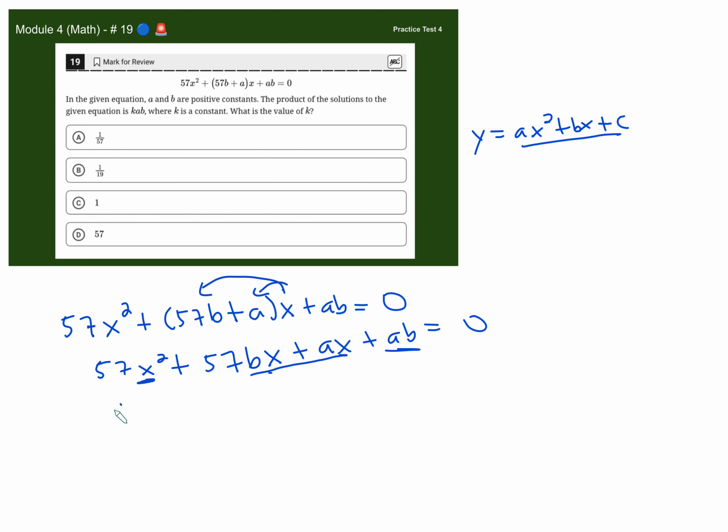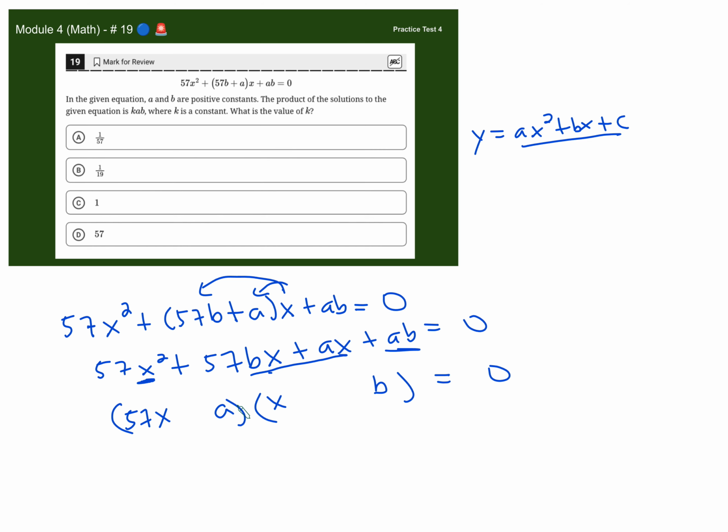So we're going to go ahead and factor this. And this is probably going to be 57x, and this is going to be x, and you multiply your firsts together, you're going to get this. And then I notice over here, at the end, the last is AB. So I'm going to put an A here and a B here. And then if I do my outside, that's 57xb, which is that.